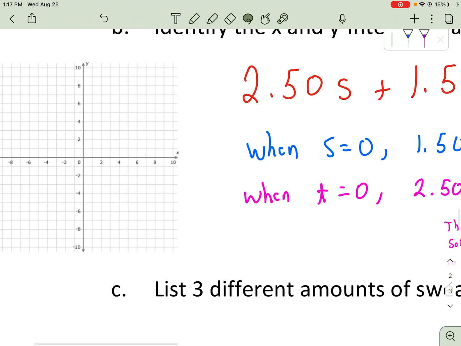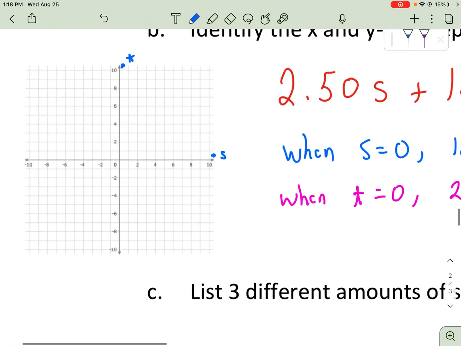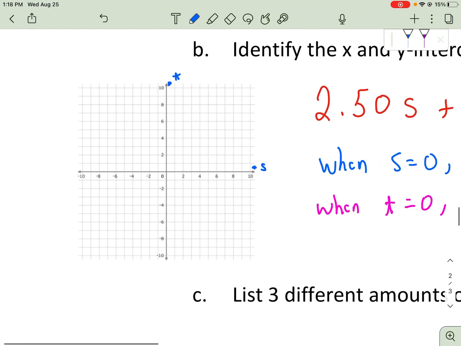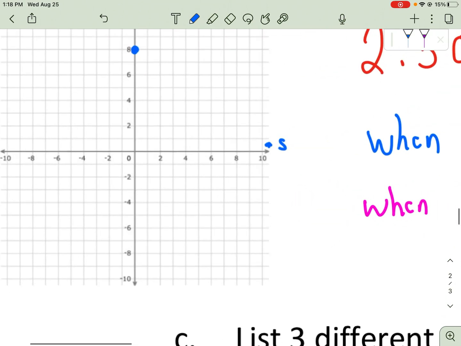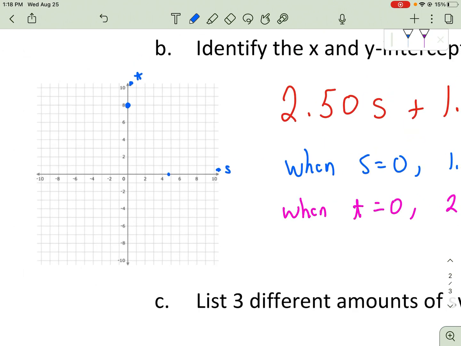So it doesn't matter which one you call S and which one you call T. I'm going to call this the S axis. This is the T axis. So when S is 0, T is 800. So let's say these count as hundreds. So you get 0, 800 right there. And then when T is 0, S is 480. So we're going to go out 480, which would be about right there, like 4.8. And so our graph looks like this.